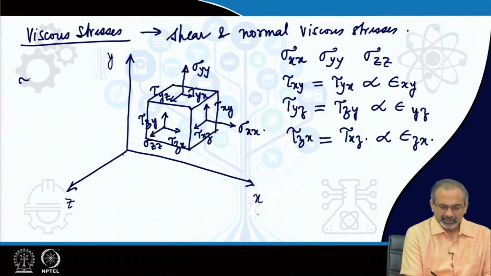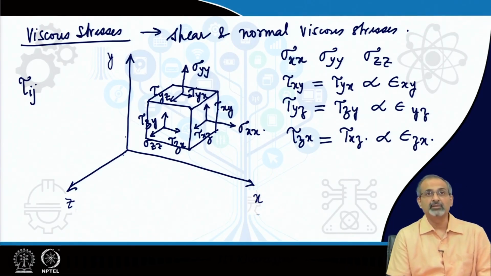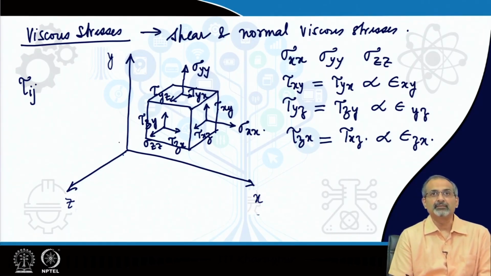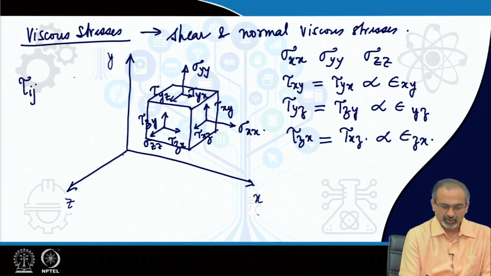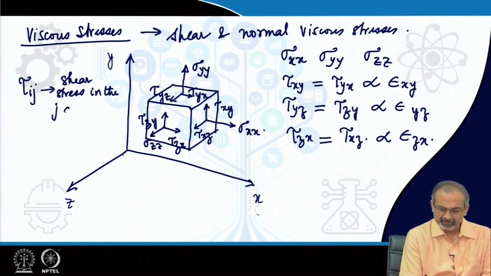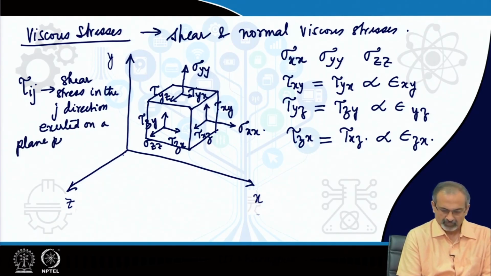Additionally, there is a nomenclature associated with all these shear stress directions that we are talking about. So, if we write tau ij, what it basically means is it is a shear stress in the j direction exerted on a plane perpendicular to the i axis.